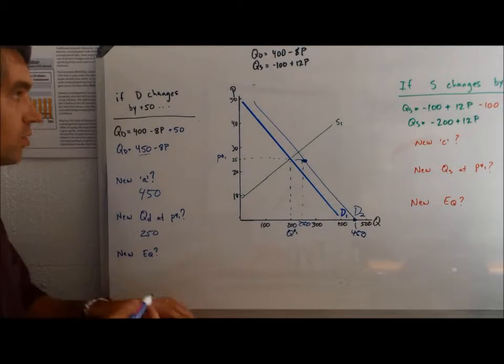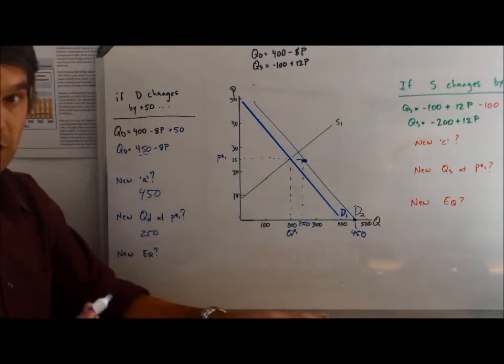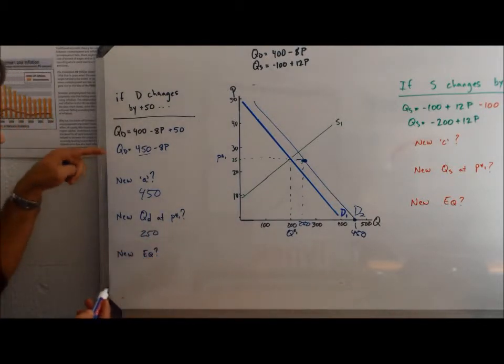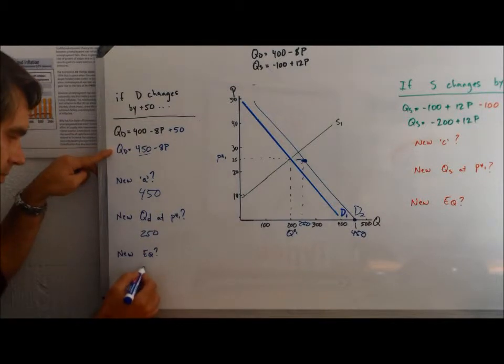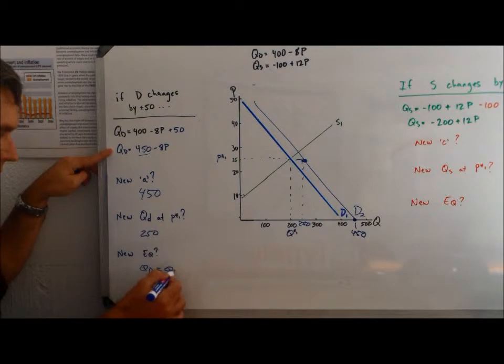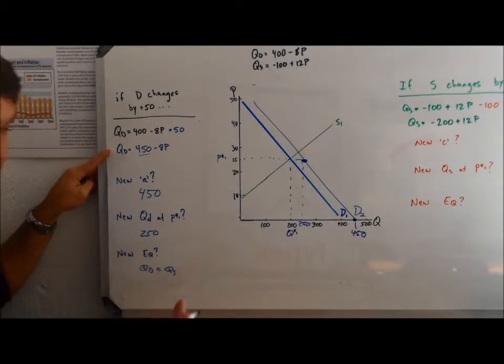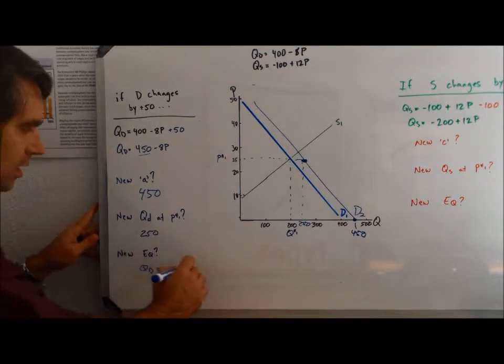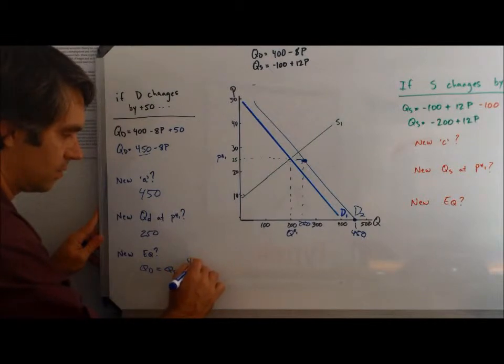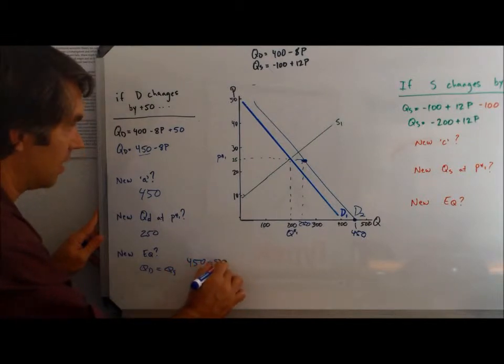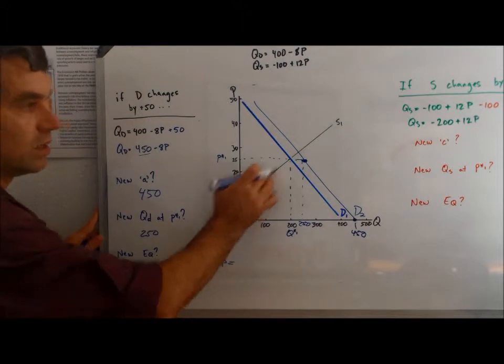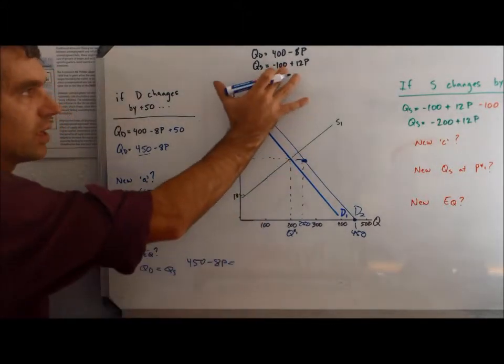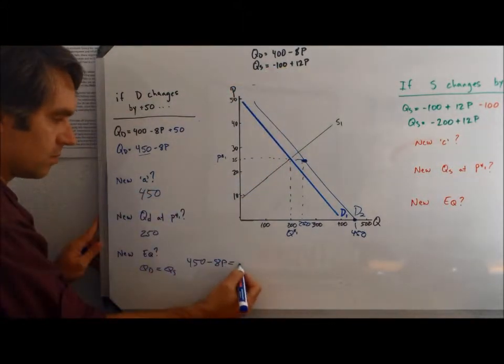All we need to do is remember what's changed, demand has. So we need to take the new demand formula and let it equal the new supply formula and solve for the result. So this is going to be 450 minus 8p is equal to, nothing's happened to supply, so we're going to use the old supply formula.